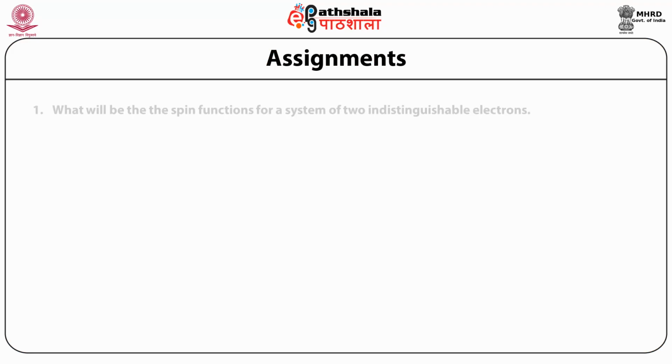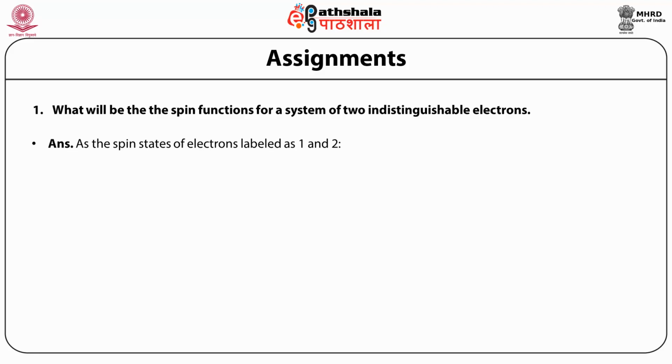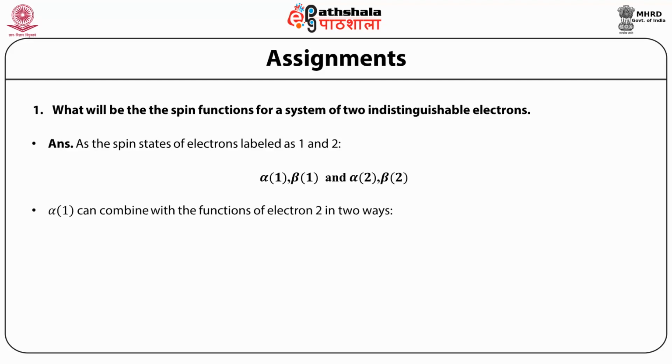molecule. What will be the spin functions for a system of two indistinguishable electrons? The spin states of electrons labeled 1 and 2 are alpha 1, beta 1 and alpha 2, beta 2. Alpha 1 can combine with the functions of electron 2 in two ways, alpha 1 alpha 2 and alpha 1 beta 2.